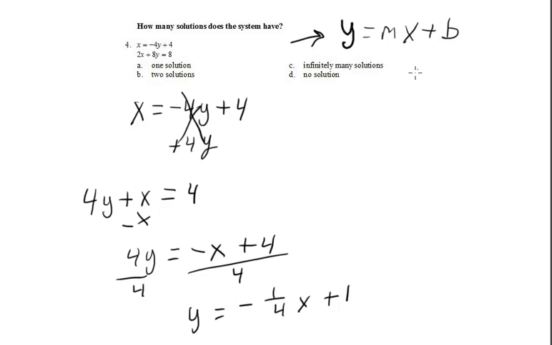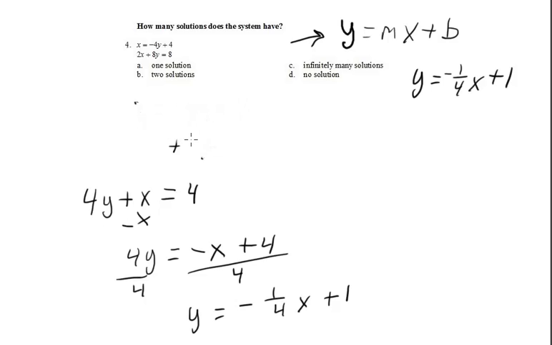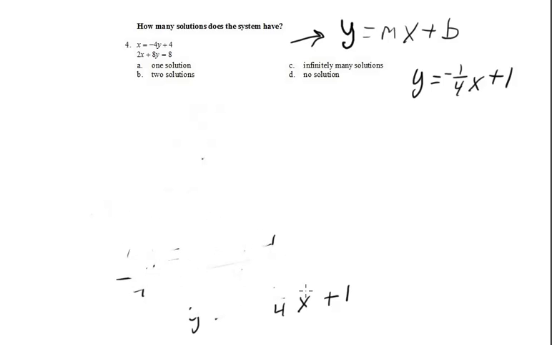I'll write that up here. Y equals negative 1/4 x plus 1. Now I'm going to erase that. And now I'm going to work on the other one. This here, 2x plus 8y equals 8.